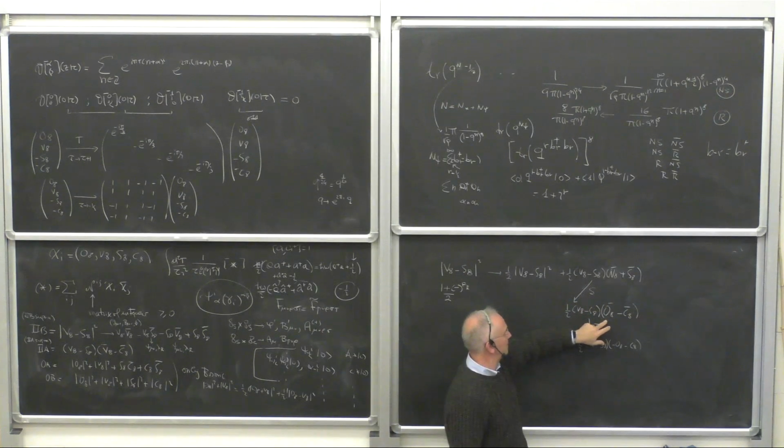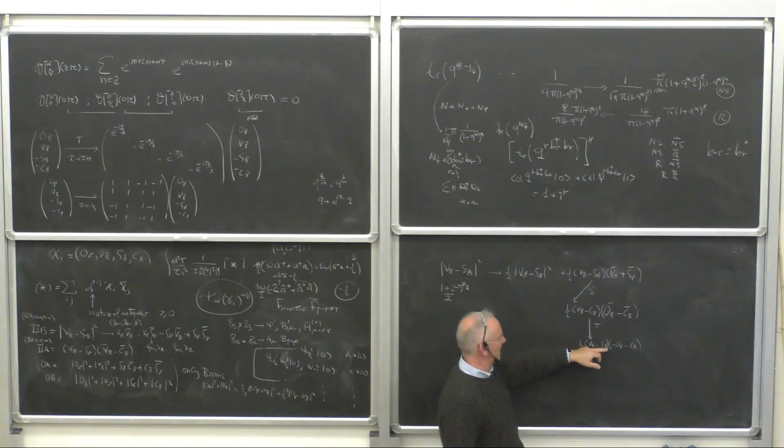This quantity is fixed under S, so under S it goes back to that. Under T it creates another term. And under T this goes back to that expression.